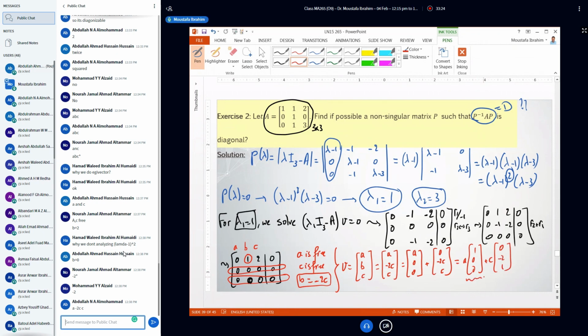So look here, we get V1 and V2, two eigenvectors for which lambda? For lambda 1, the same, equal 1, right? So we get two eigenvectors for lambda 1, which is good. Now we need the third one from lambda equal 3, right?